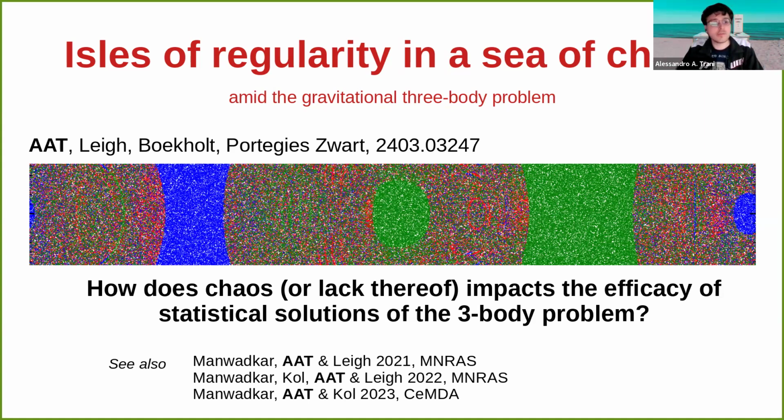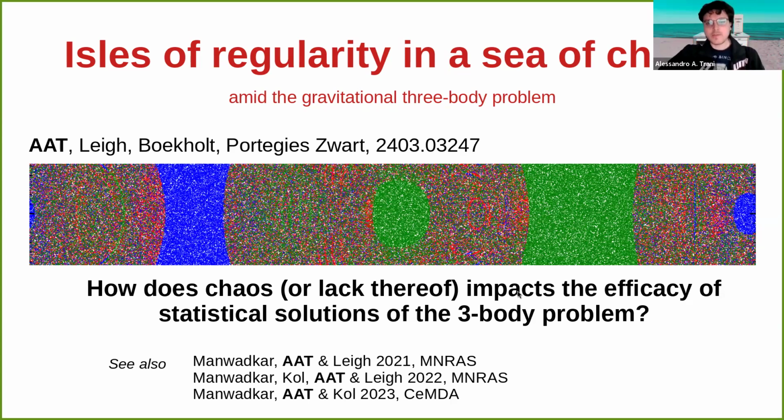We call them statistical escape theories, to basically provide a stochastic description of what the outcomes of three-body problems or three-body interactions are. And these theories are based on the ergodic principle, which assumes that the phase space of the three-body problem is completely mixed by chaos. Okay, so what I show in this paper is that actually the phase space of the three-body problem is a mix between regular, so non-chaotic, regions and chaotic regions.